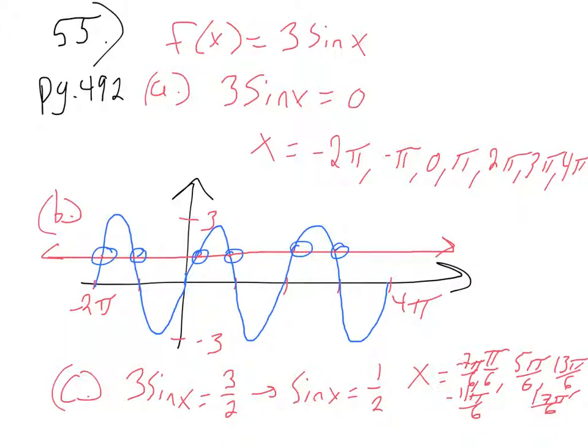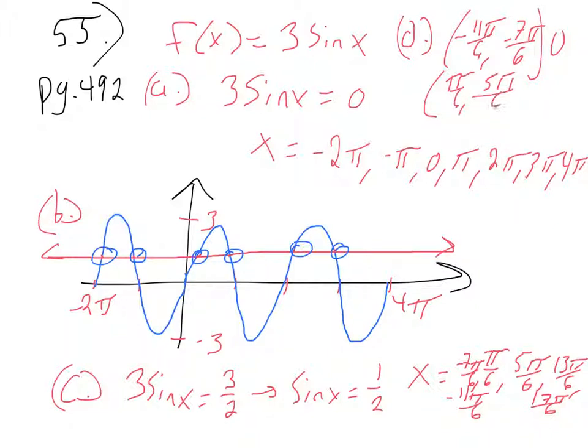Whereas f of x greater than 3/2, it's greater than 3/2 on this interval, and this interval. So I'll just do that up here. So part D, the intervals over which it's greater than that would be negative 11 pi over 6 to negative 7 pi over 6, union pi over 6 to 5 pi over 6, union 13 pi over 6 to 17 pi over 6.